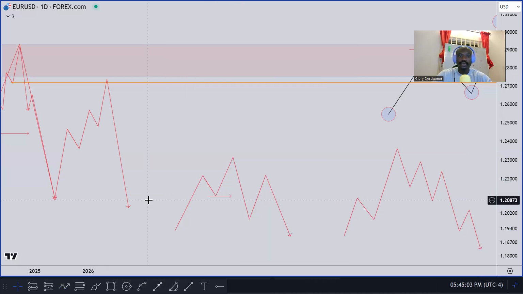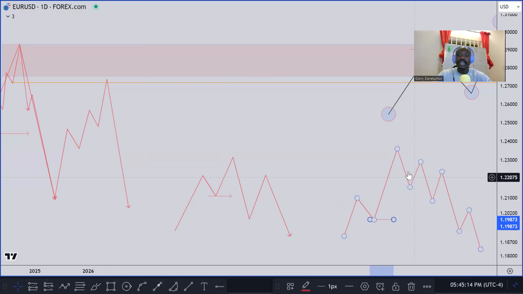While on the second one, in as much as you don't have a break of structure yet, you can start to see a bearish order flow or a formation of a bearish trend before the break of structure, okay? Before the break of structure.